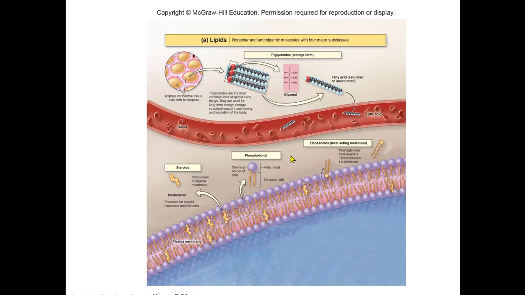But what about water? Water can make it up to here, and water can make it up to here, but water can't cross. So I need something called a channel. And there's a special channel for water that allows water to go through in and out. The name of that water channel is called aquaporins.